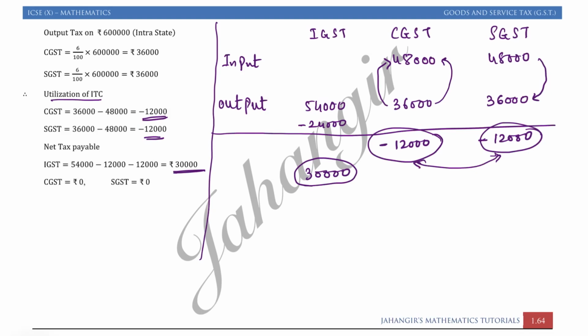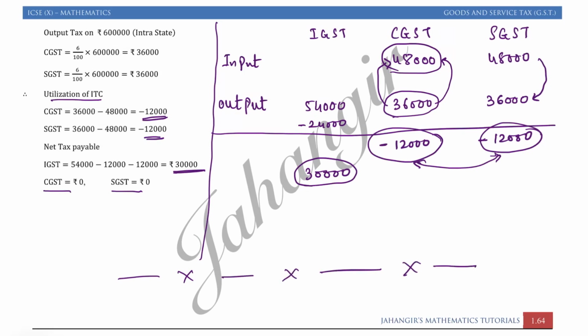For CGST it is 0 and for SGST it is 0, because we had already paid more than we had to. We have to pay 36,000 as output tax, but we had paid input taxes of 48,000. So the government has to give us back 12,000. With this we have finished the chapter.